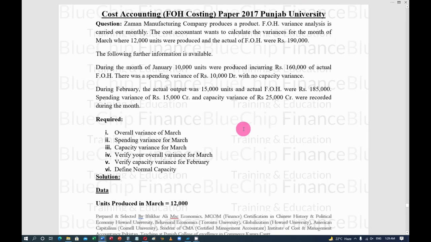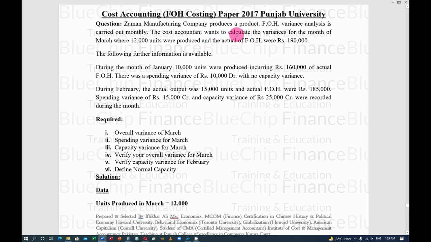Next question for FOH costing variable analysis is taken from the paper 2017, Punjab University. The question is that Zaman Manufacturing Company produces a product. FOH variance analysis is carried out monthly.